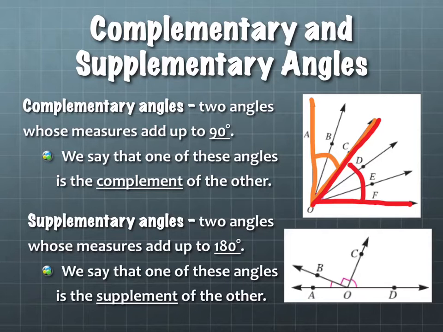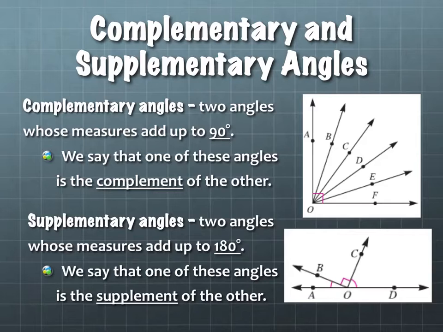Now that's not the only pair of angles that I could have done, right? I could have chosen something different. I could have chosen this one, for instance, and this one. The same thing would happen. So any two of them that add up to 90 are considered complementary angles.